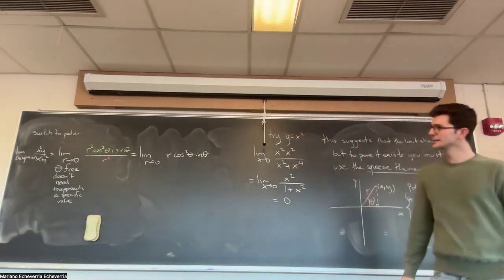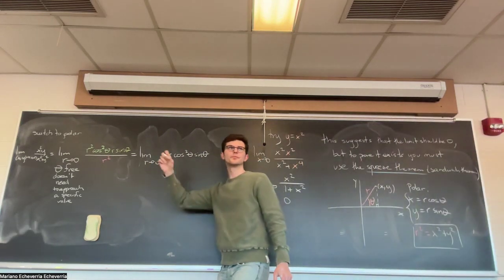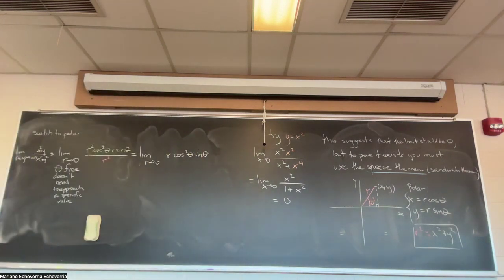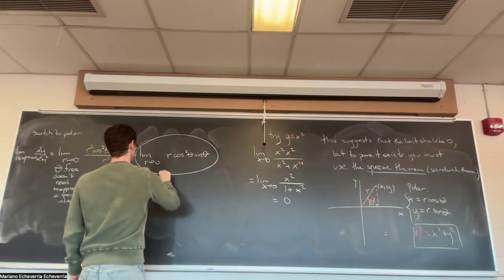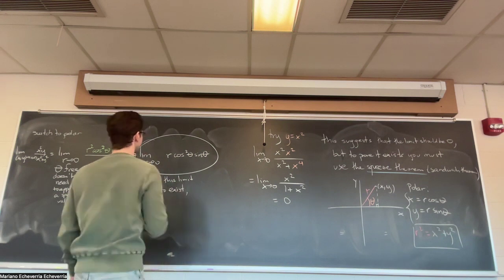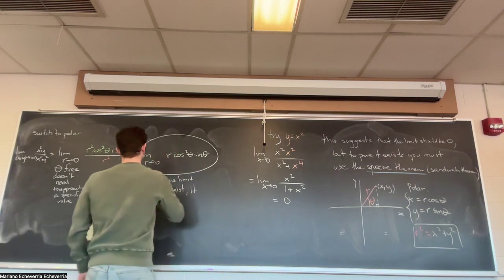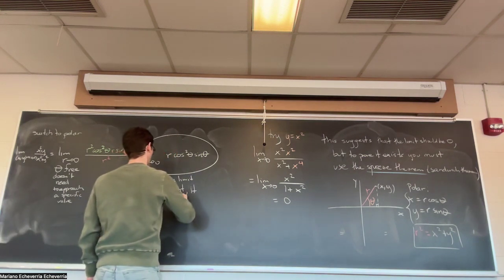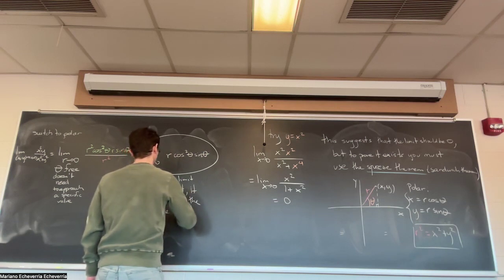Okay, so the idea is that for this limit to exist, the limit must be the same for any possible value of theta. That's the idea. So in polar, for this limit to exist, it must give you the same answer regardless of the value of theta.